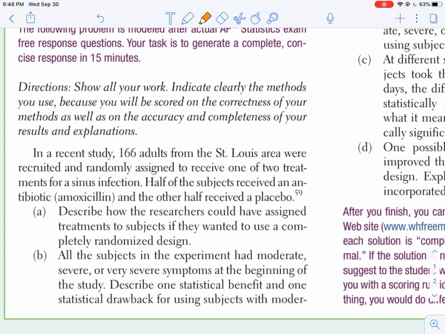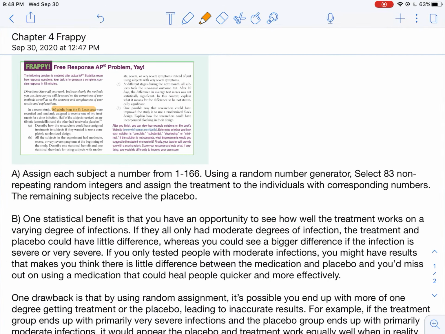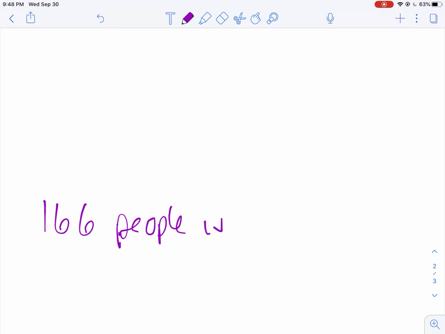Now, within this, you'll notice that we have 166 adults from the St. Louis area recruited and randomly assigned to receive one of two treatments for a sinus infection. Basically they're treating sinus infections. But what we're going to focus on is these 166 people who have the sinus infection.